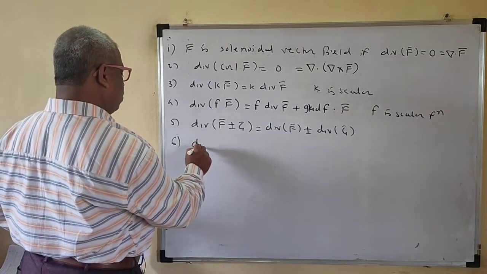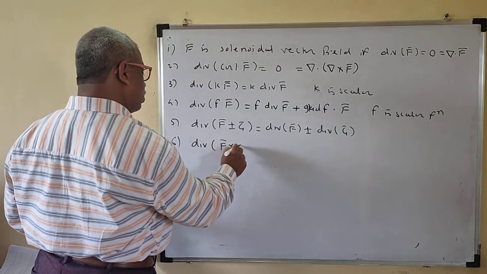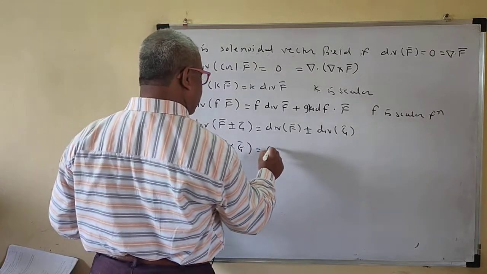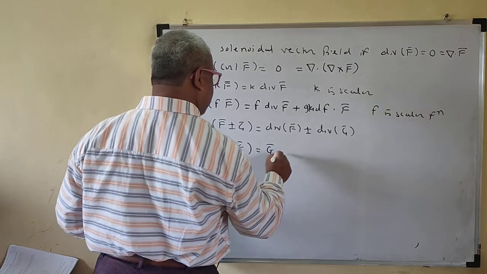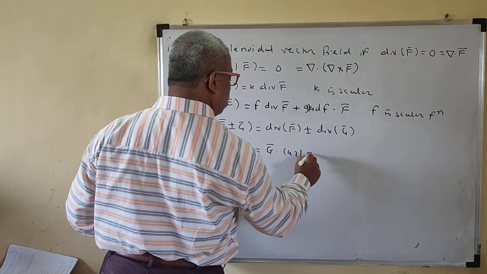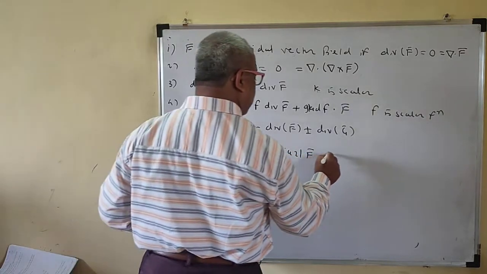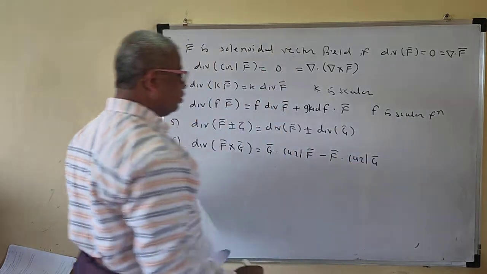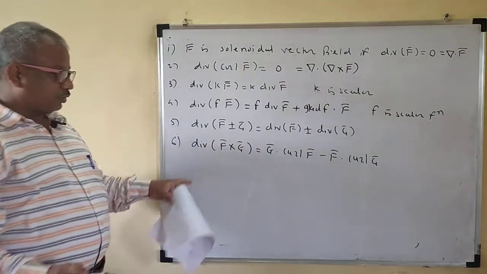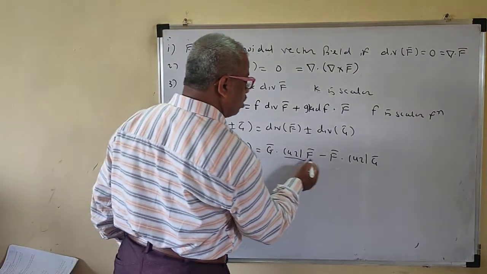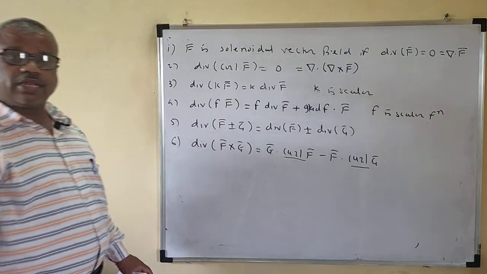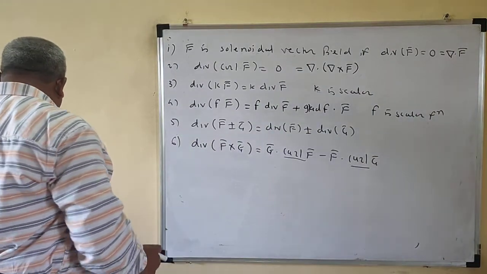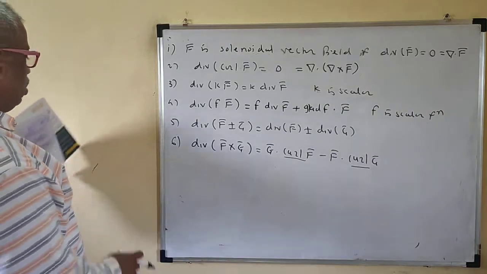And divergence of f bar cross g bar is g bar dot curl f bar minus f bar dot curl g bar. This is very important. Remember, there is the curl, there is no divergence here. So these are the properties of the curl and divergence, and you should remember them.